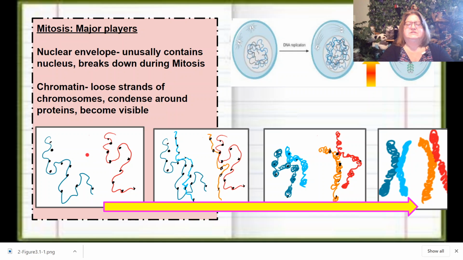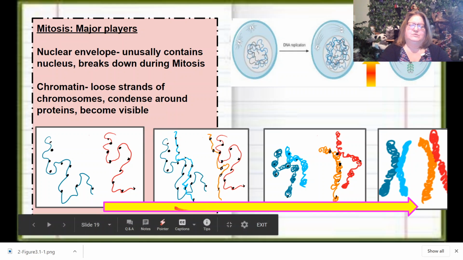You'll notice before we do that, I show them duplicating. We still have one chromosome that's duplicated here on the left, the blue ones, and then we have a second chromosome that's duplicated on the right, the red and orange one.